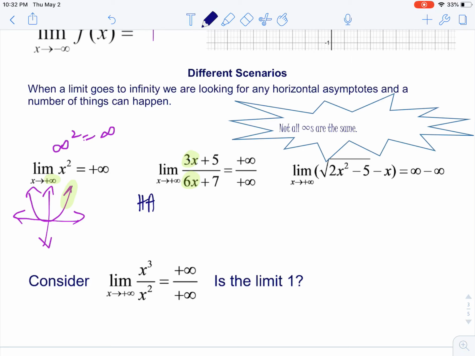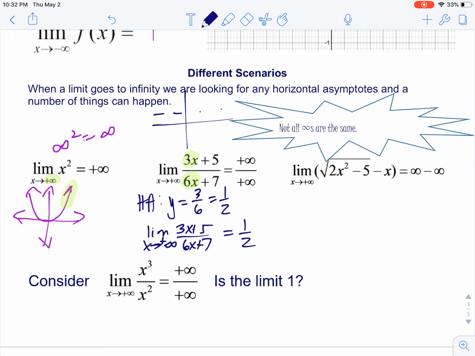So our horizontal asymptote is going to be y equals 3/6, which is 1/2. So our limit as x approaches positive infinity of (3x plus 5) over (6x plus 7) equals 1/2, because there's 1/2 on your graph.